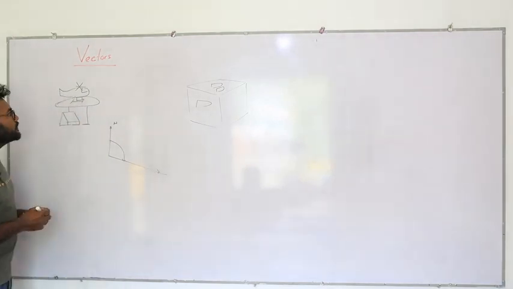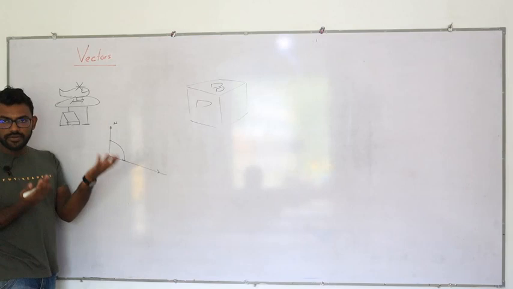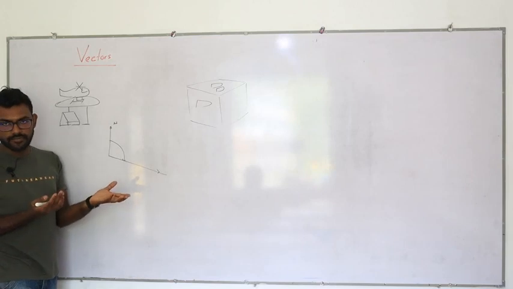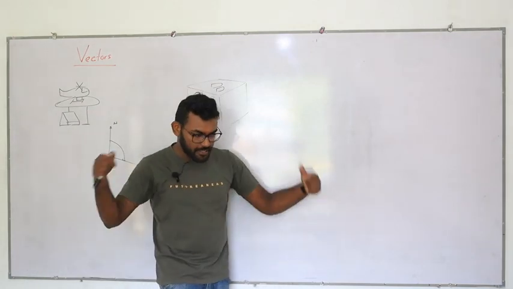Okay, so vectors mean a certain quantity that has a direction and also a magnitude. Scalar, just the magnitude. Okay, let's write it down.